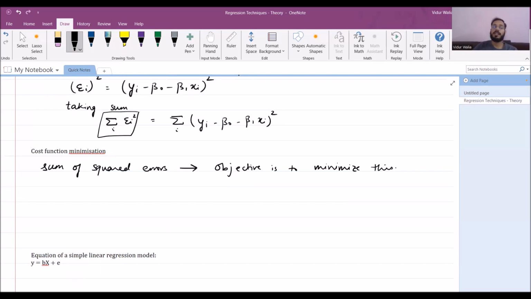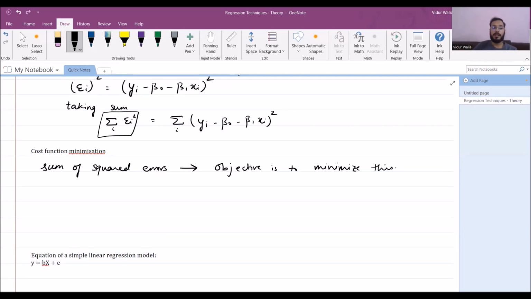Do you remember from your class 11th and 12th that if I minimize the sum of squared errors, basically I'm minimizing the errors only, right? Albeit squared. If you are trying to minimize the square of something, obviously that value would also minimize, right?